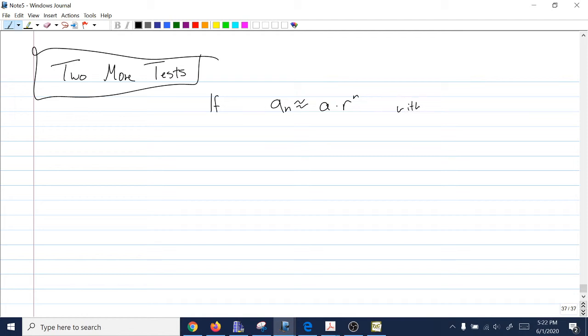If you're like this with r bigger than 1, then the series should diverge. And if you're about as big as a times r to the n with r less than 1, but positive, then the sum of a_n should converge.